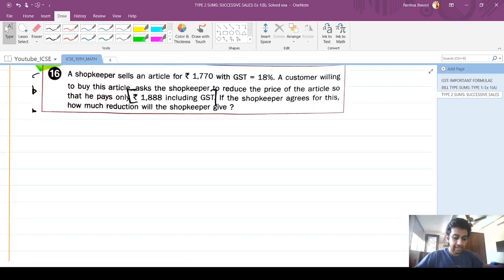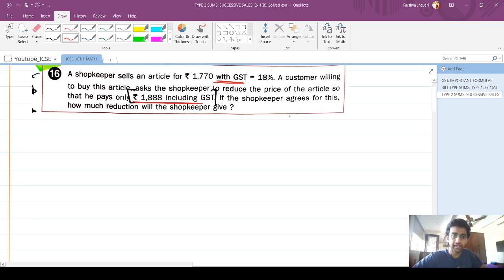A shopkeeper sells an article for 1770 with GST. A customer willing to buy this article asks the shopkeeper to reduce the price so that he pays only 1888 including GST.